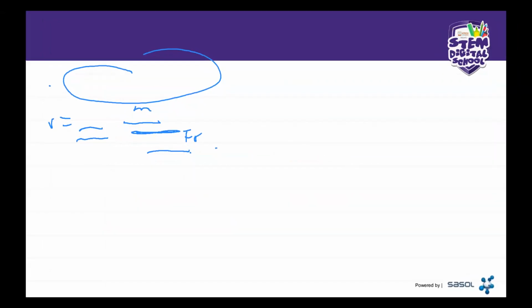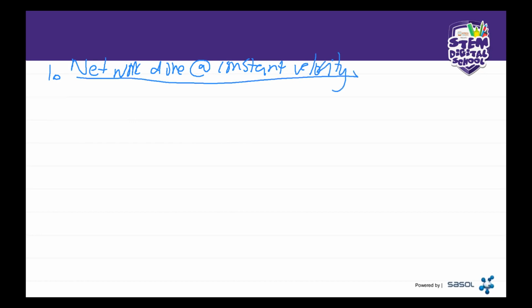I just want to write it on top so that we know what we're looking for here. So here they say they want number one, net work done at constant velocity. Okay, so that's what they're looking for.